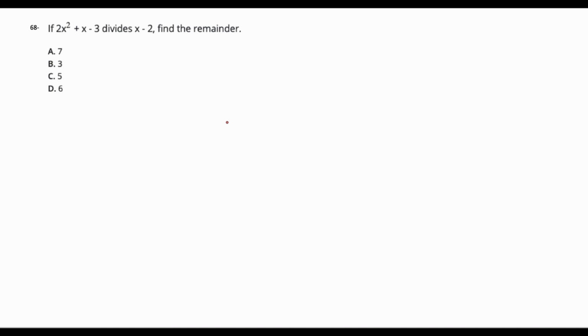Question 68 says if 2x squared plus x minus 3 is divided by x minus 2, find the remainder. So the remainder theorem says that if we have a polynomial p of x and this is divided by x minus a, then our remainder is p of a.